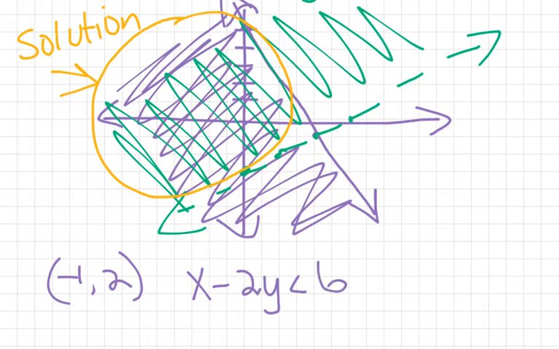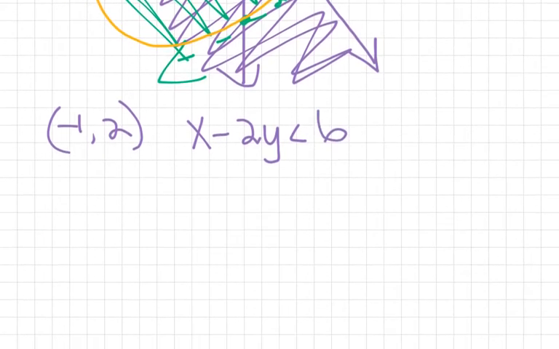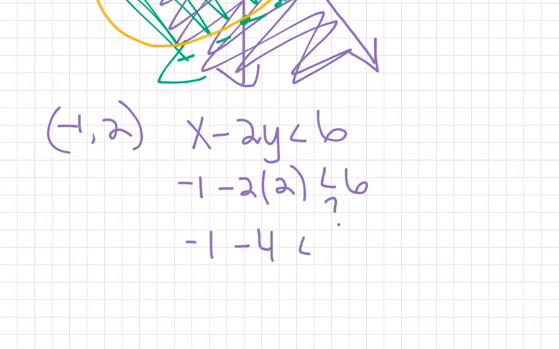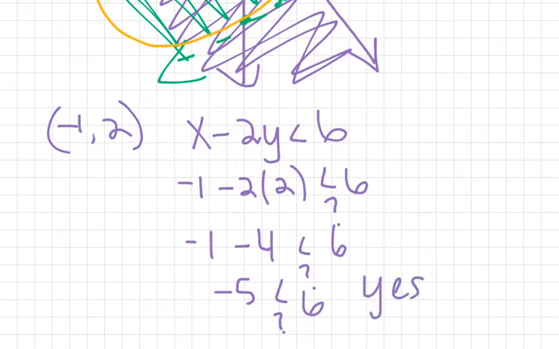I'm just using my equation that I have up top. Let's see if this is true. So for x, -1 minus 2 times 2 is less than 6. -1 minus 4, is that less than 6? -5 is less than 6. Yes. Okay.